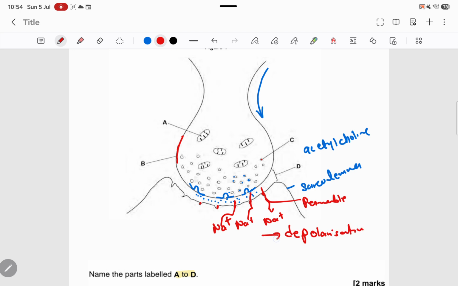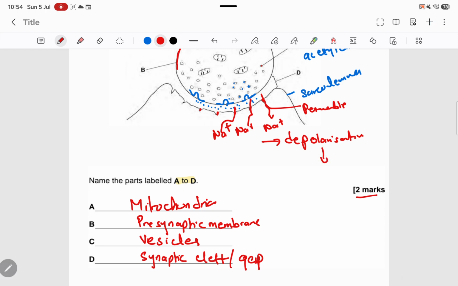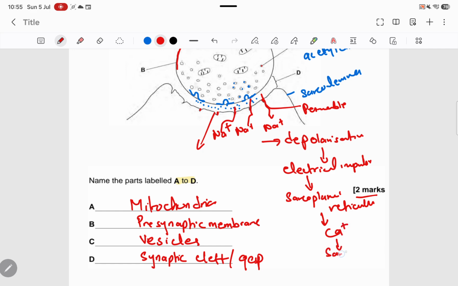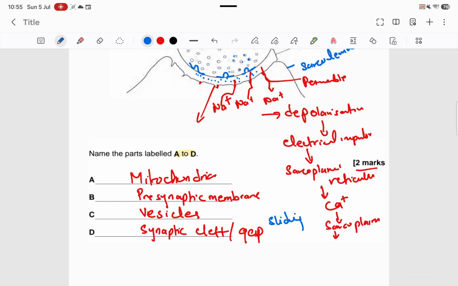Depolarisation generates the electric impulse, and this electrical impulse travels deep inside into the sarcoplasmic reticulum, and the sarcoplasmic reticulum releases the calcium ions into the sarcoplasm, and after this the sliding filament model begins.